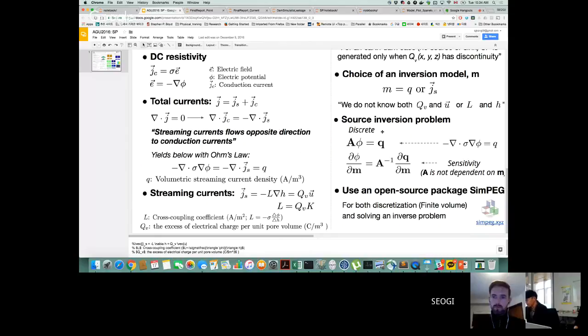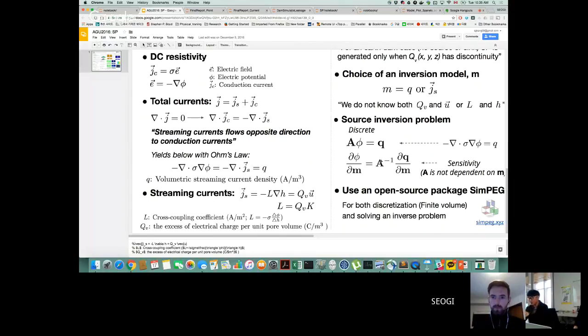Here we actually have three choices. You can choose Q, which is the divergence of JS, like an electrode, so it's basically a source inversion problem. Or you can invert for JS, which is a vector. Or you can invert for H, which is hydraulic head. Or you can invert for velocity. You have lots of choices.